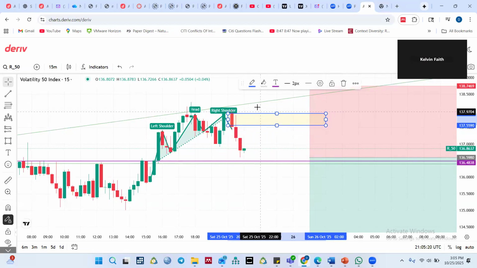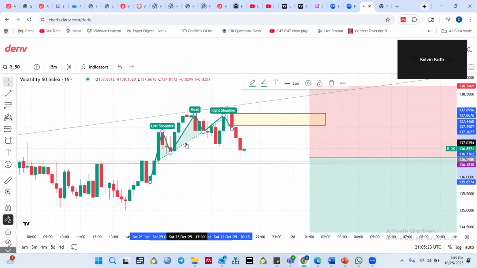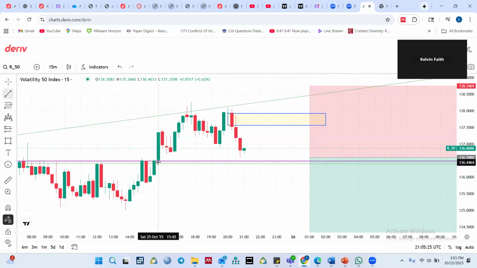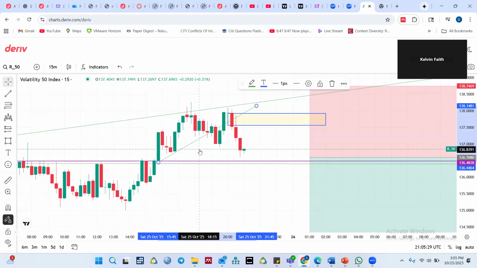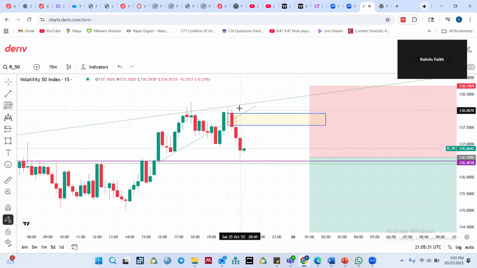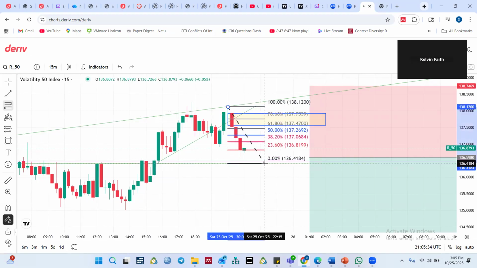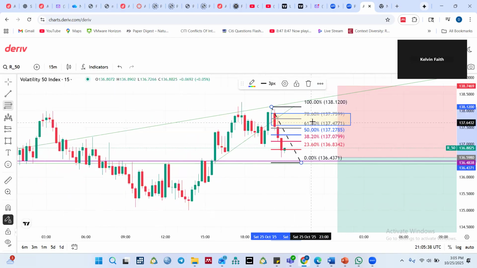But with this break of structure, I will look for probably a premium entry, like 61.8, 78.6%.